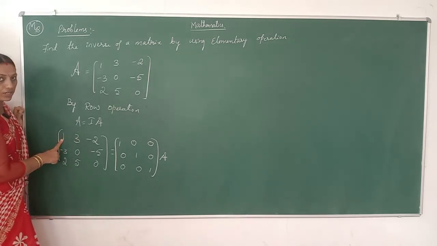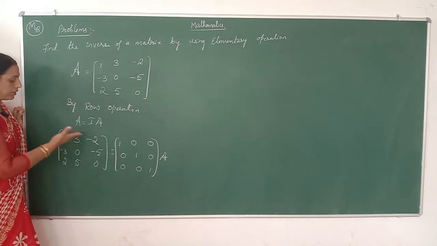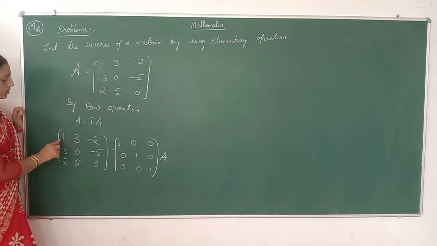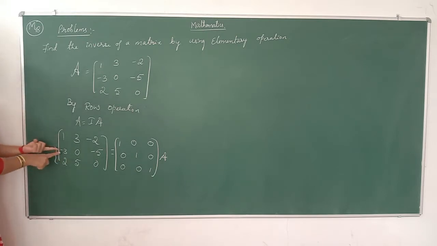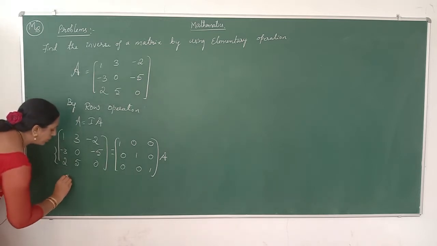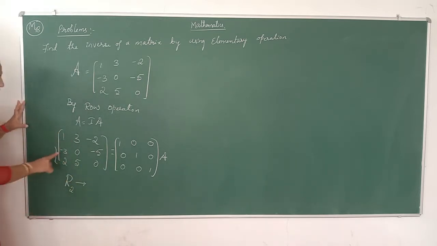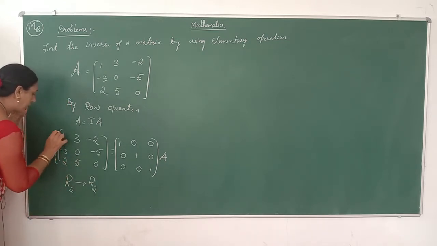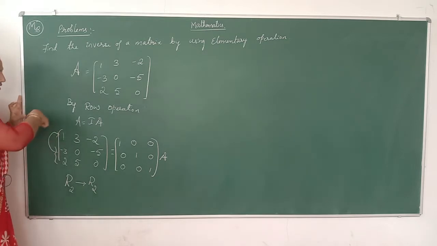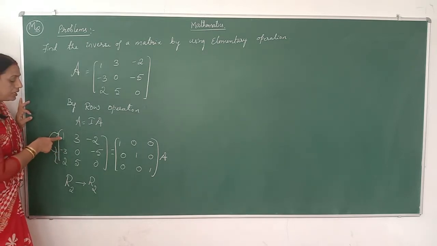Now, the first condition is, the first element of identity is nothing but 1, and it already exists. So then the next two elements will be considered, the second row and then the third row. Therefore, R2 can be changed with R2 minus, depending on the corresponding elements of the first row. So, minus 3 plus 1.